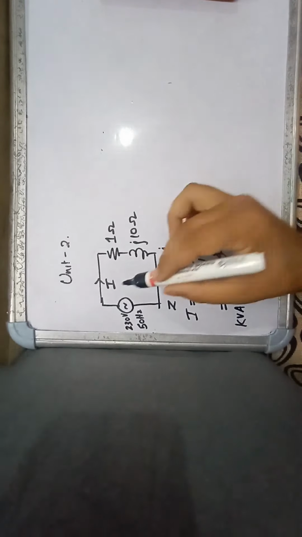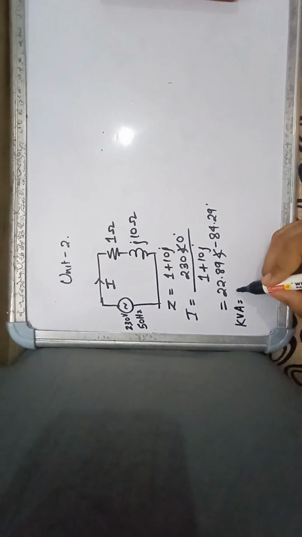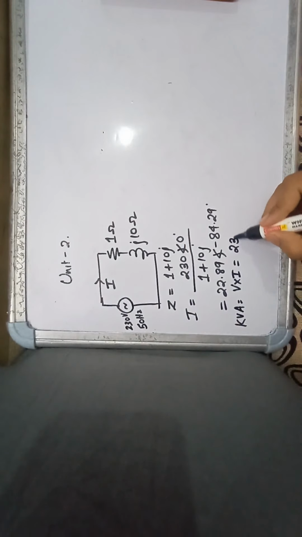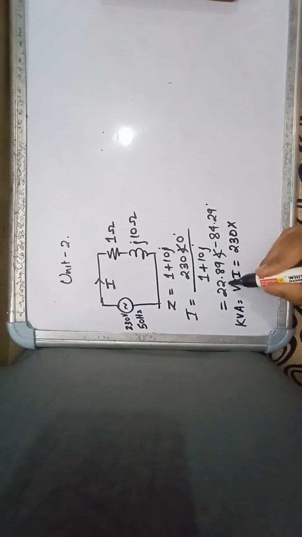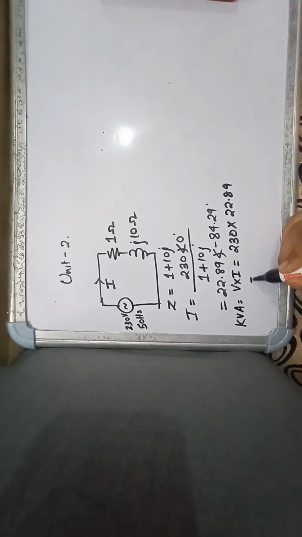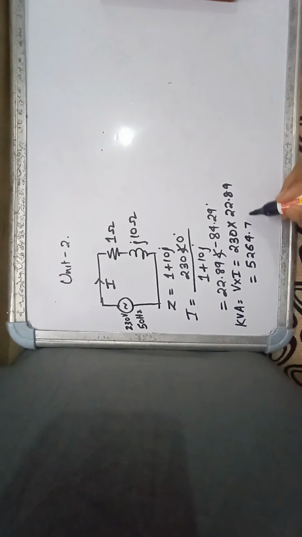The amount is voltage into current. Voltage is 230 volt and the magnitude of the current is 22.89. This gives you 5264.7 VA, and converting to kVA, it will be 5.264 kVA.